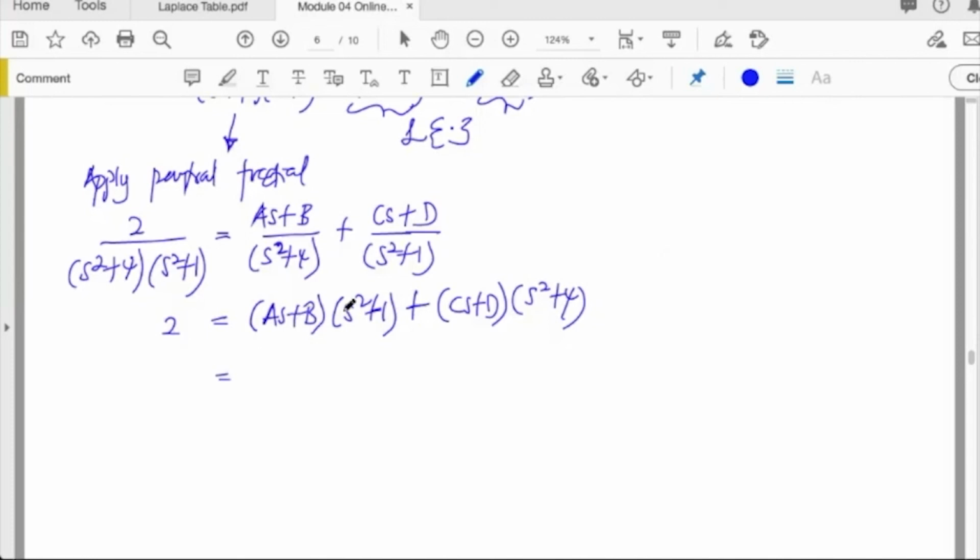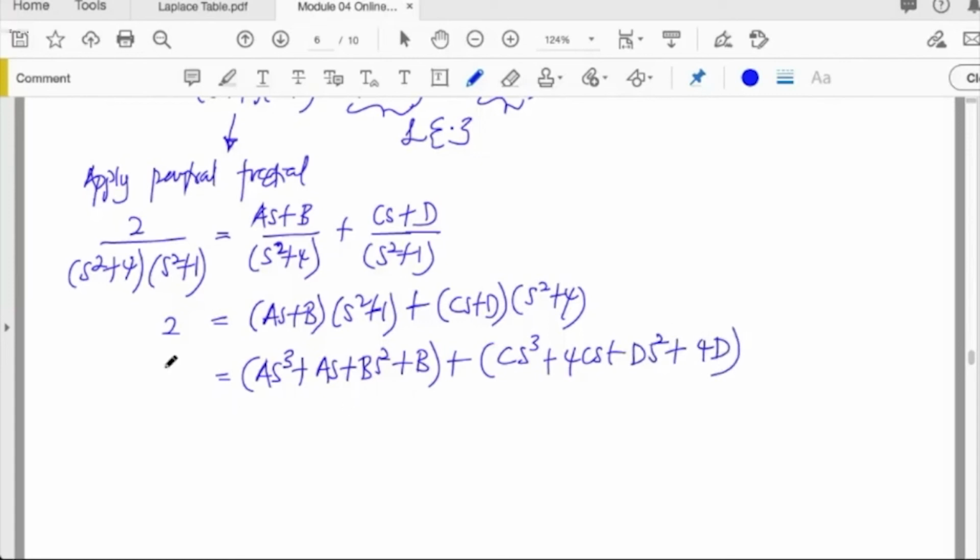So further, you can expand these equations, okay, to become a s to the power of 3 plus as plus b s squared plus b, plus c s to the power of 3 plus 4cs plus d s squared plus 4d. So it's all equal to 2.